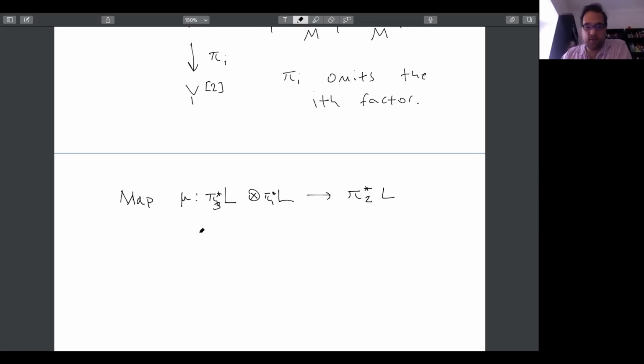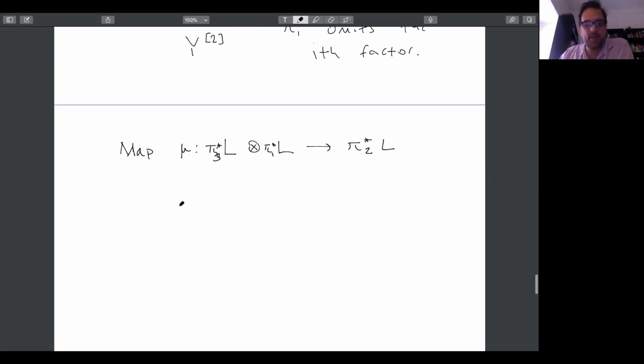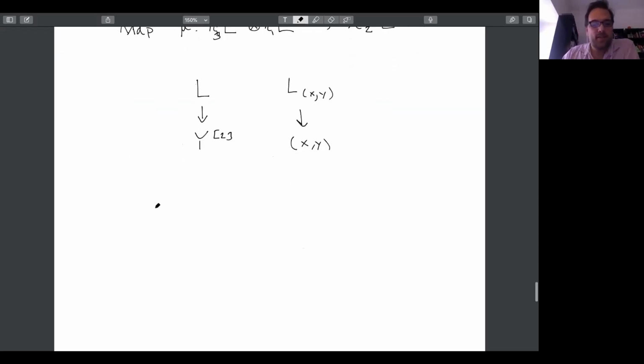When you think about fibers, which we can't necessarily do on a supermanifold because points are a little more fuzzy on a supermanifold, but in an ordinary manifold, the fibers of L over the fiber square look like fibers over pairs, where this is just a point over the same point in M. So then this map mu becomes something like this.